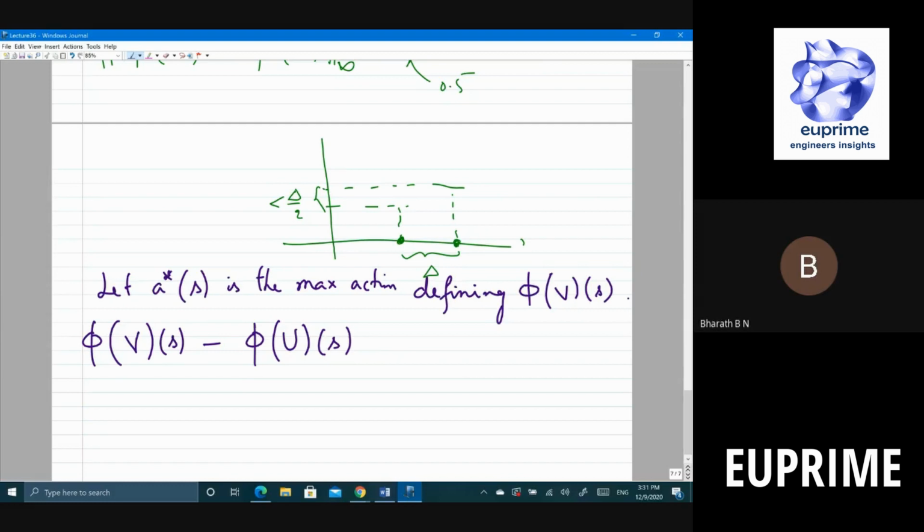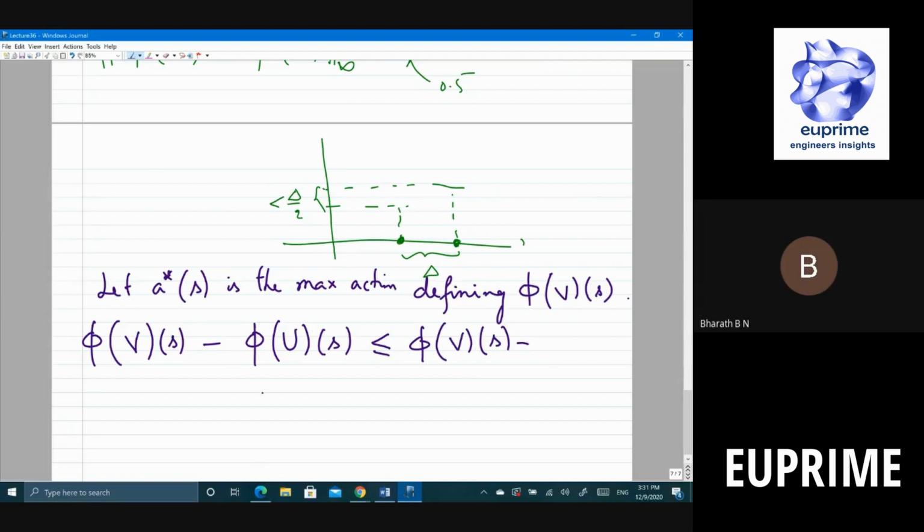If this is the case, I can say less than or equal to, keeping phi of v of s as is, minus, removing the max here. If you remove the max, the negative quantity decreases, so the difference increases.